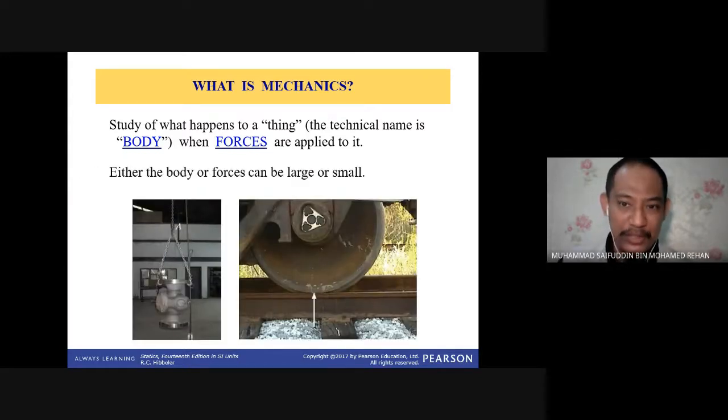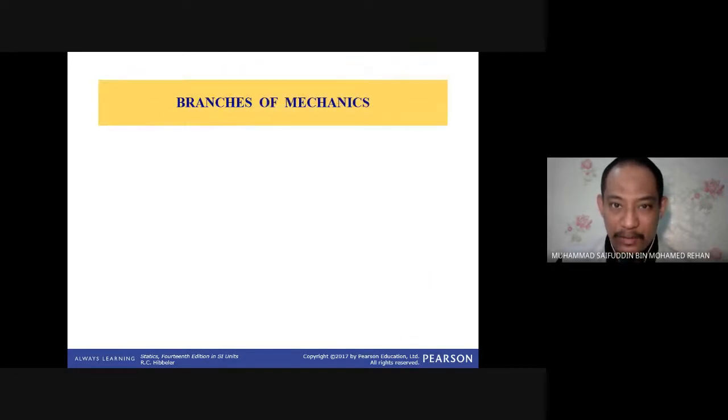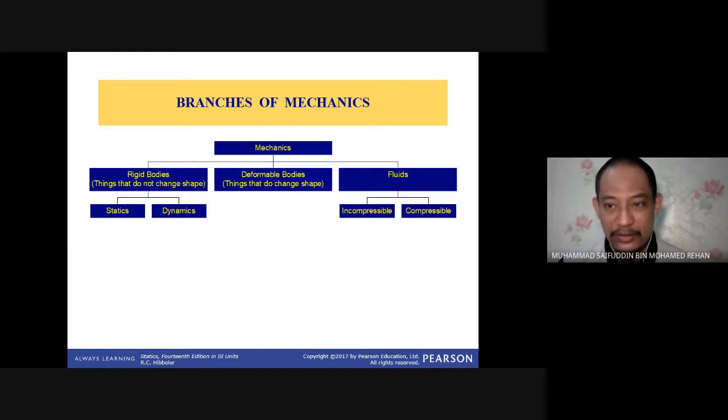So the body can be small, can be big, can be of various shapes, right? Now, under mechanics, the example that I showed just now is actually for a rigid body, because this is rigid, right? But something can be deformable. For example, this one is not rigid, right? It's deformable. And something can be fluid, which is more complex because it flows, right?